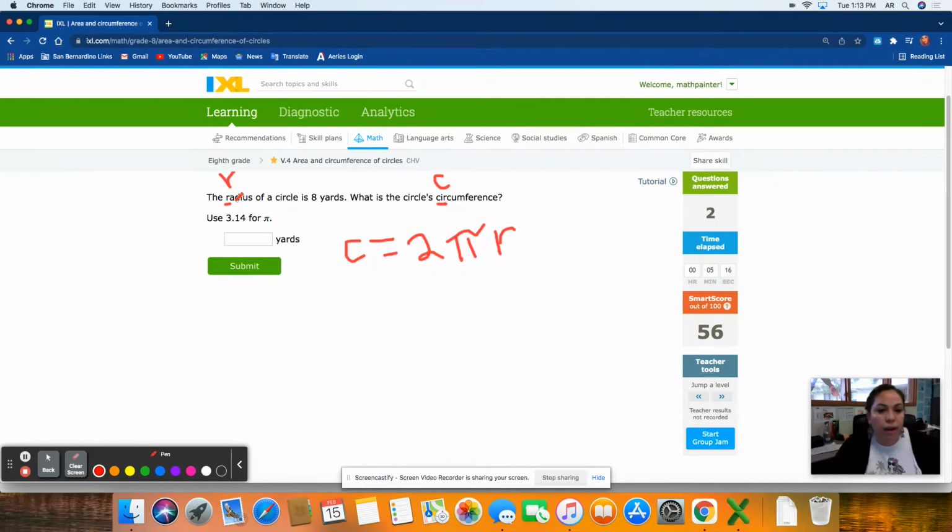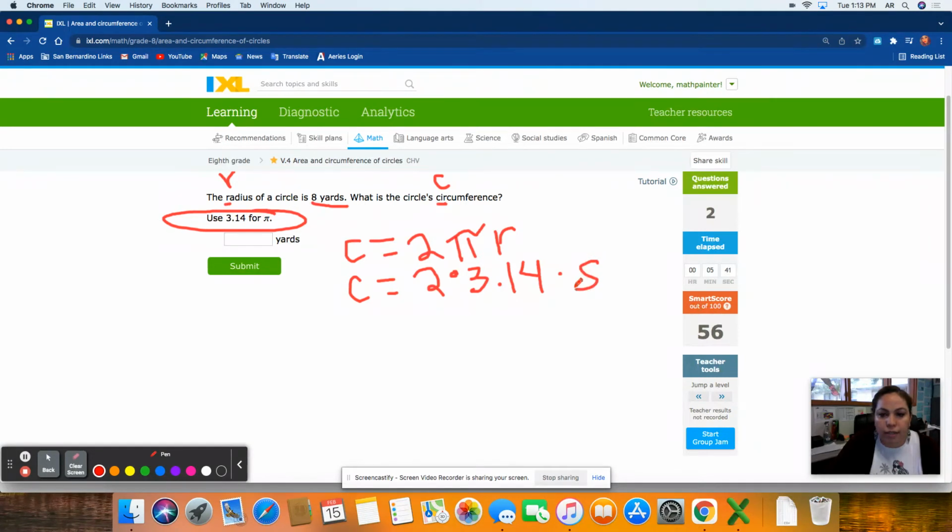Now I'm going to put the numbers that I have. So I have radius 8. Do I have C? No, I don't have C, so I just bring down the C equals 2. What does pi equal? Pi equals 3.14. So times 3.14, and R is 8, times 8.